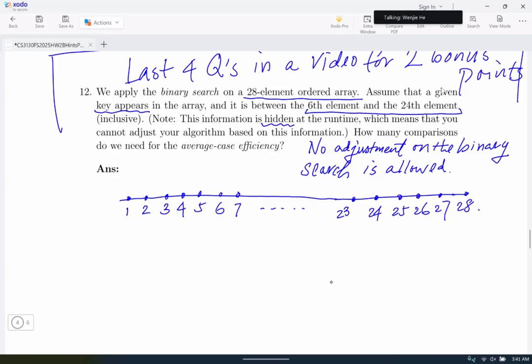So your binary tree is built on all the elements. Then you draw the binary tree.